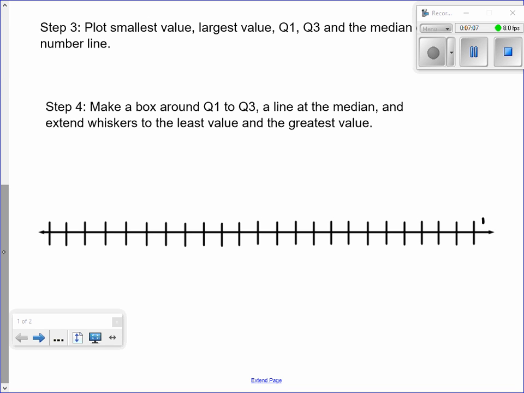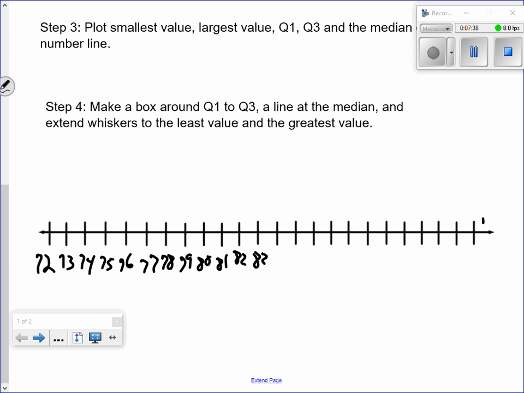Let's go to our number line. I happen to have a nice number line here already made for us. 73, 74, 75, 76, 77, 78, 79, 80, 81, 82, 83, 84, 85.